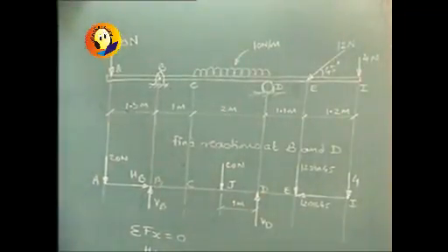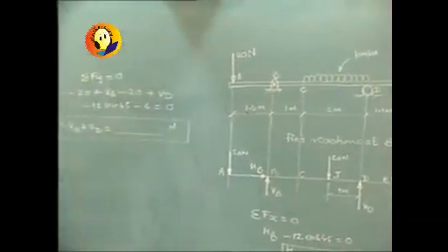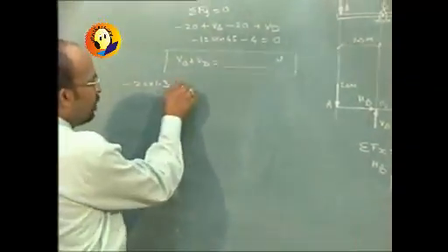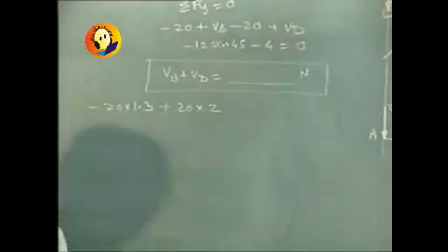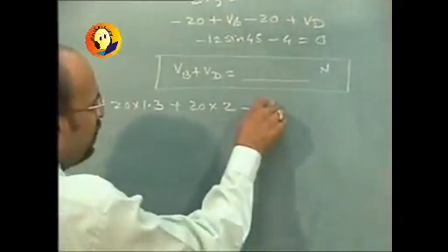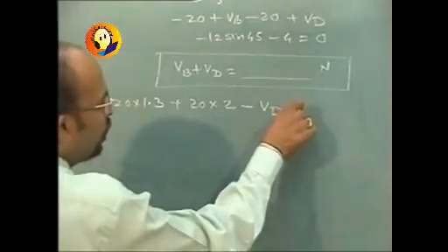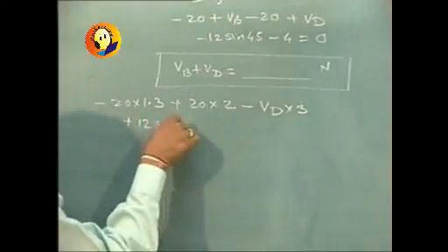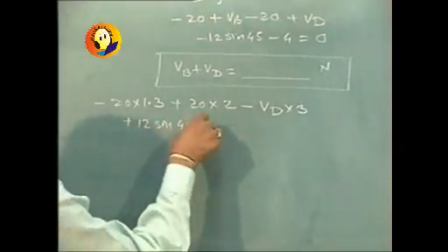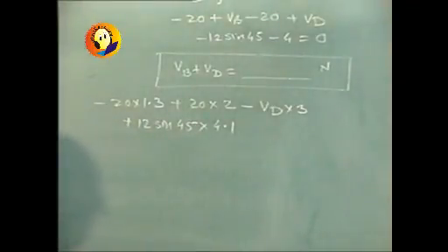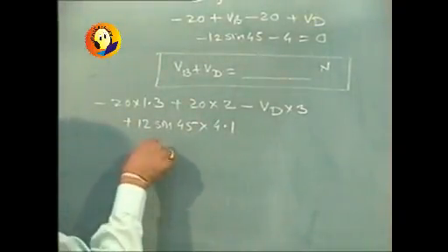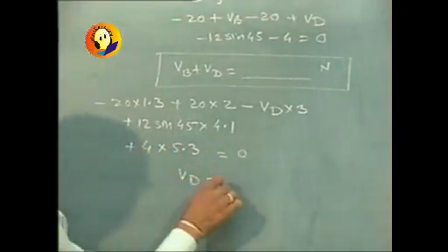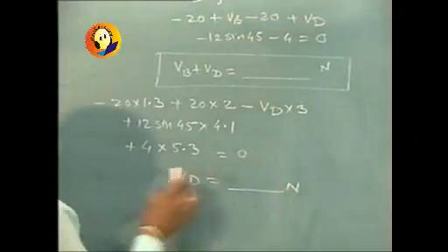So the moment equation will be minus 20 into 1.3, anti-clockwise, so negative, plus 20 into 2, clockwise positive, minus VD into 3, anti-clockwise negative, plus 12 sin 45 into 4.1, clockwise positive, and then 4 into 5.3, clockwise positive, equal to 0, which will enable us to find the value of VD as some newtons.